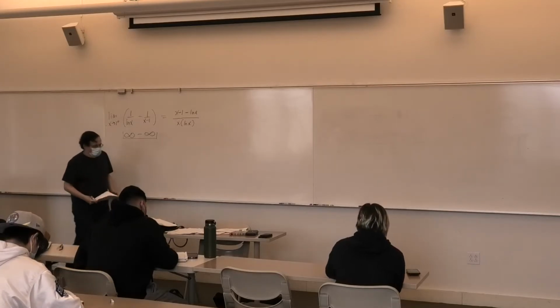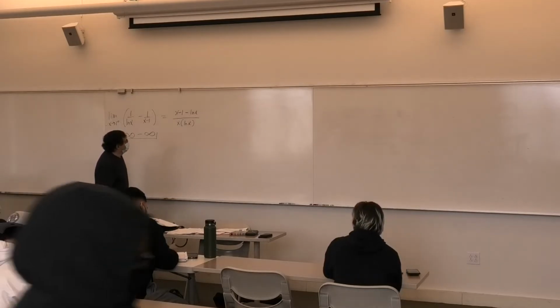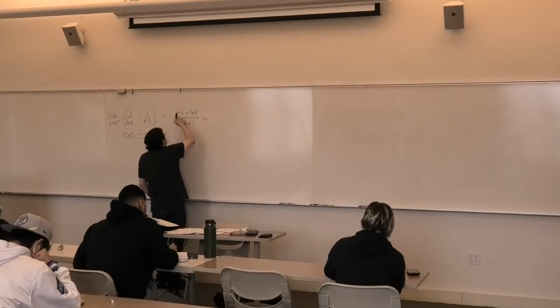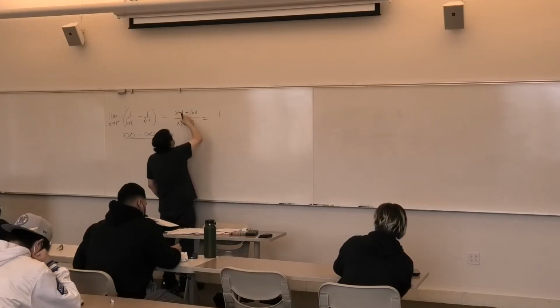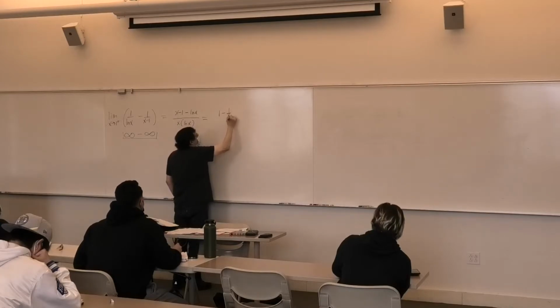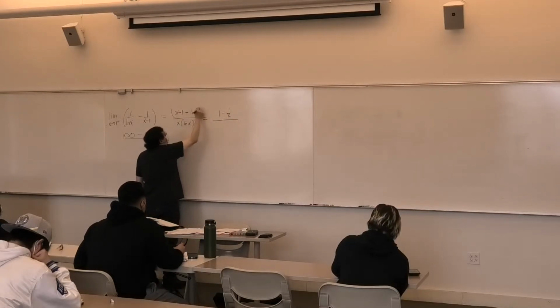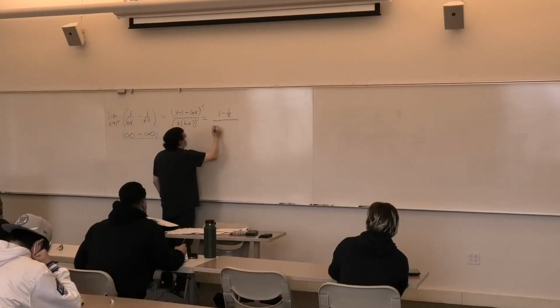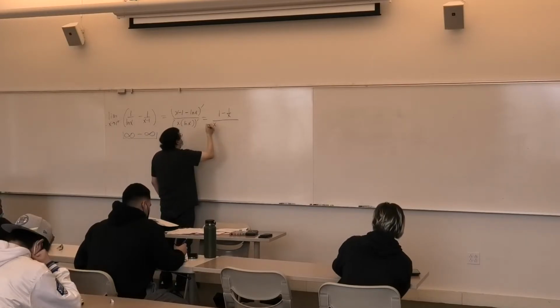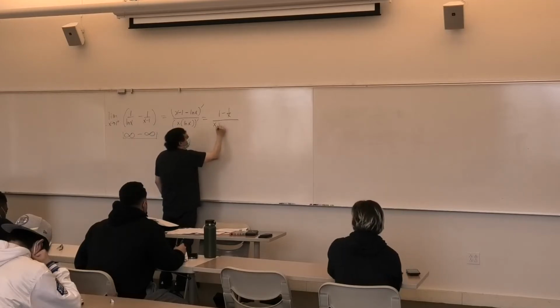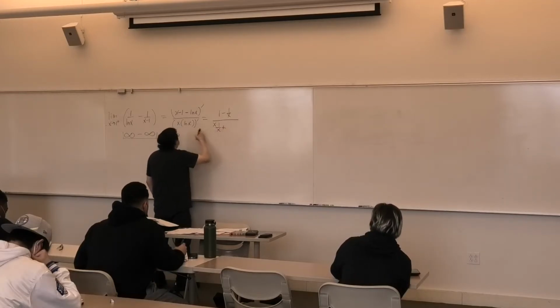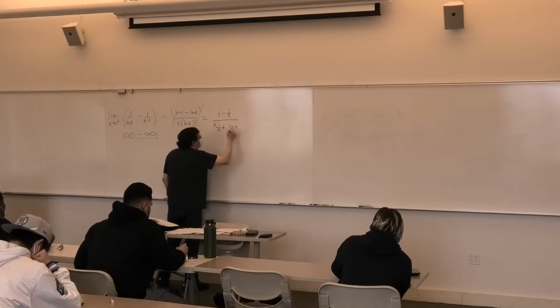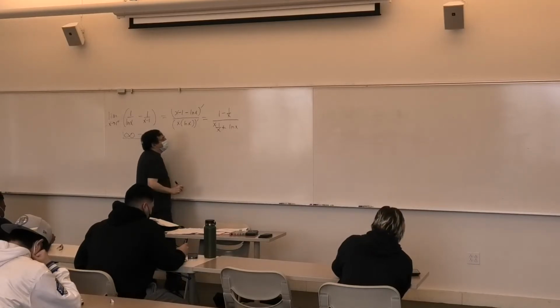So, right, we can apply L'Hopital's rule. Derivative of x is 1, derivative of minus 1 is 0, and derivative of log of x is 1 over x. That's in the numerator. In the denominator, we have a product, so we have to use the product rule. It's x times the derivative of the log of x, which is 1 over x, plus log of x times the derivative of x, which is 1.